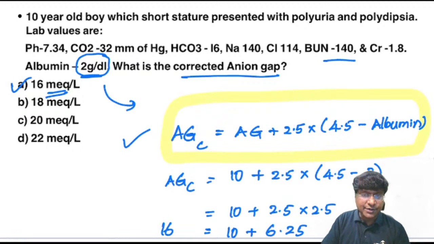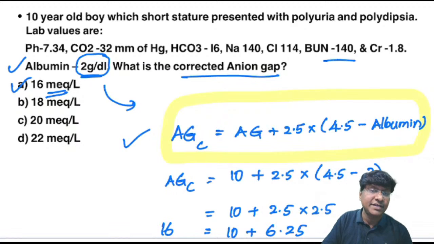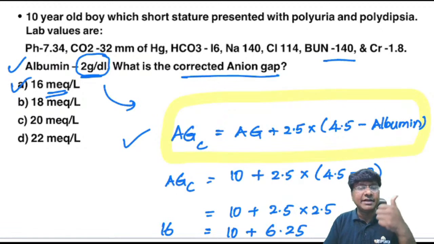Corrected anion gap is equal to anion gap plus 2.5 multiplied by 4.5 minus the actual albumin levels in grams per deciliter. But when will you calculate the corrected anion gap? Only when the albumin level given in the patient is reduced, then we calculate this corrected anion gap.